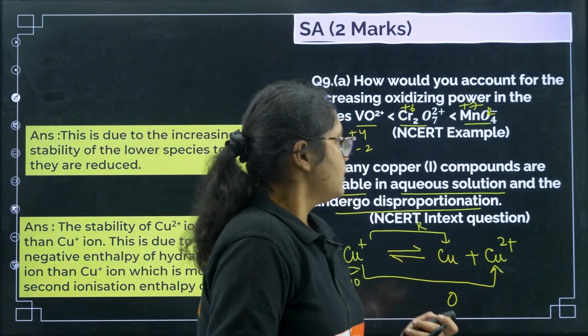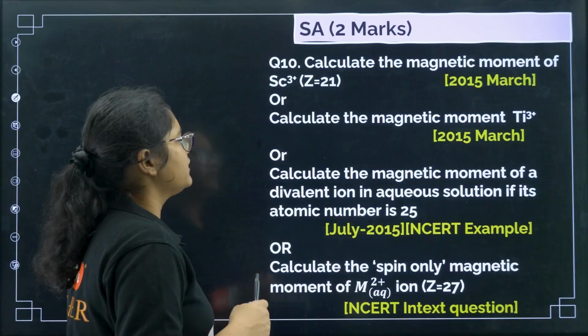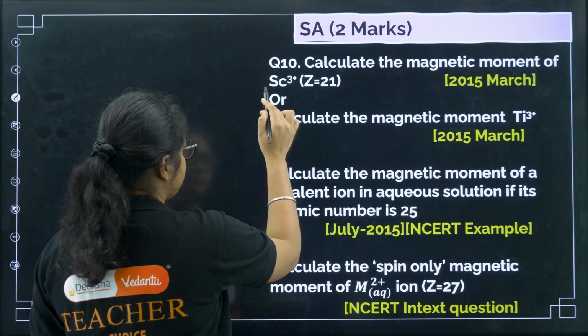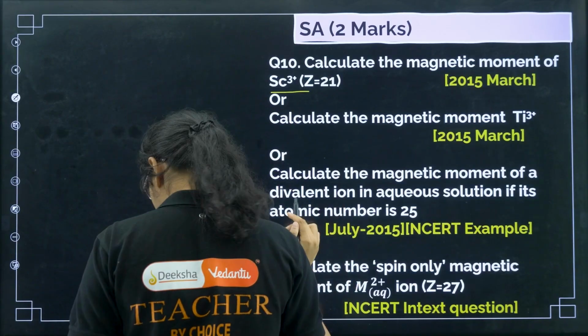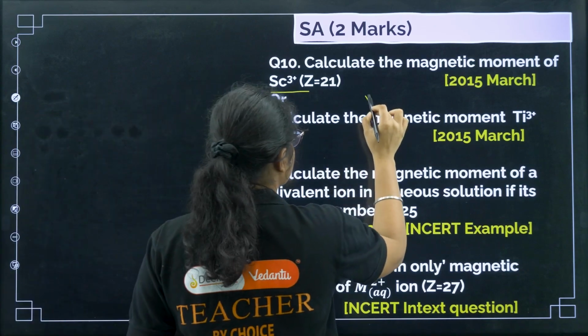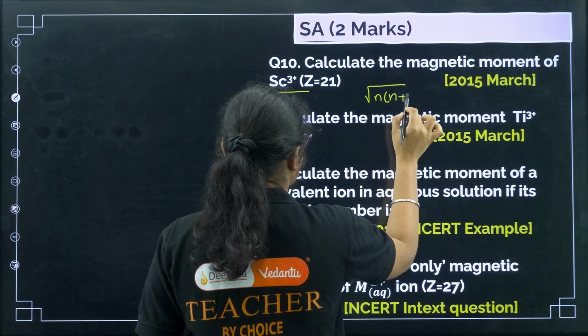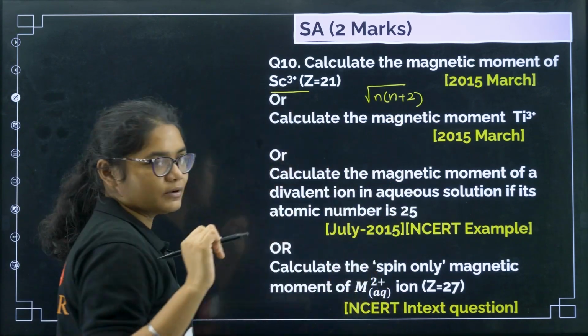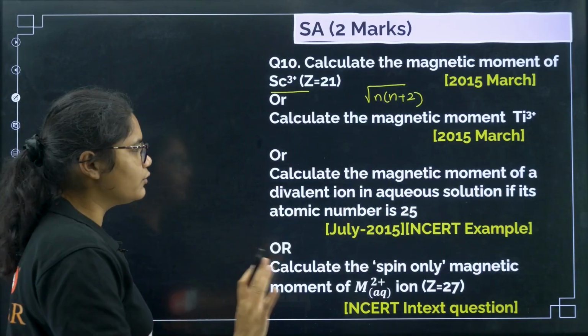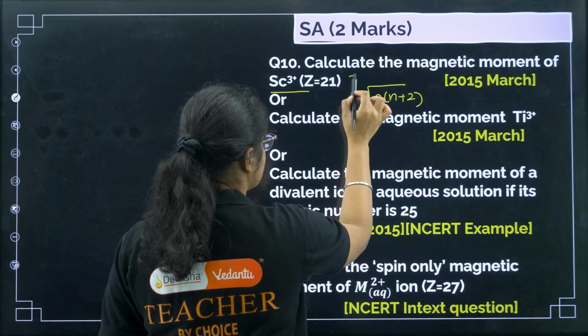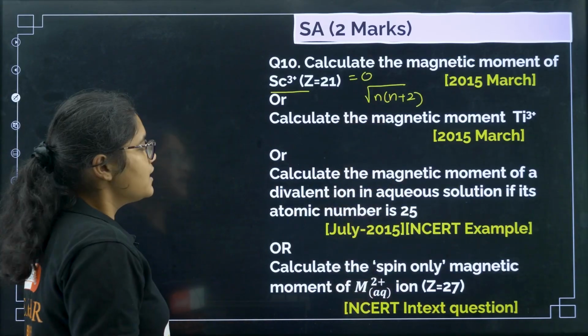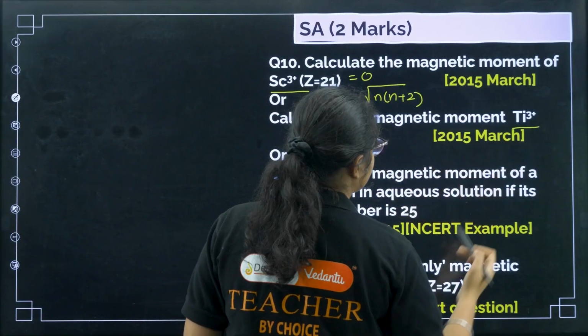Okay, fine. Next, question number 10, calculate the magnetic moment of scandium 3 plus. This is a very simple question. If you remember, the magnetic moment formula is root over n into n plus 2. Scandium 3 plus has no unpaired electron. No unpaired electrons means n is equal to 0, so the magnetic moment will be 0. Next, calculate the magnetic moment of Ti 3 plus.